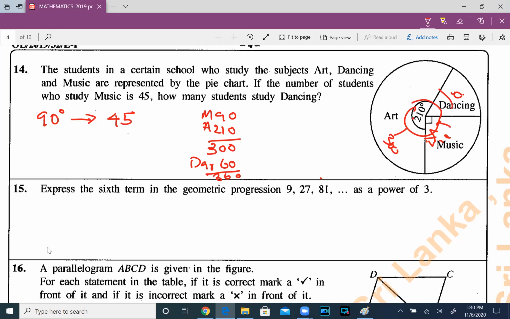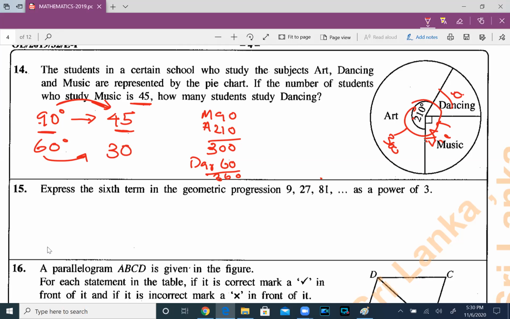So if 90 degrees represents those who study music, which is 45, and dancing is 60 degrees, very simple. This 90 is 45 here, it is half of the 90. So if it is half of the 60, that is 30.